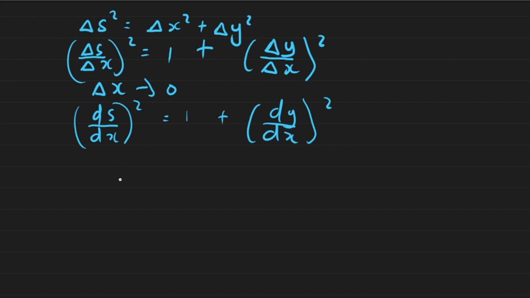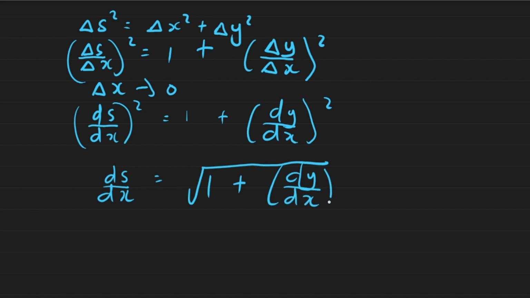All we do is solve for ds. So ds/dx is equal to the square root of 1 plus (dy/dx) squared, and of course ds is just that term multiplied by dx.